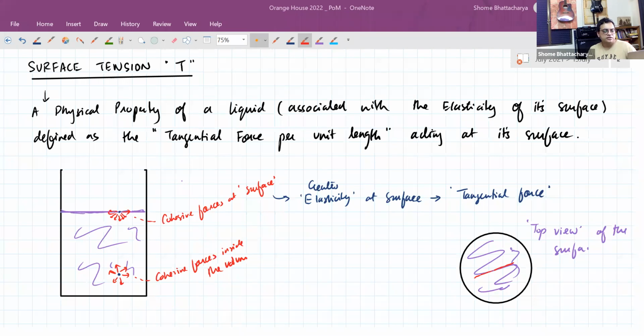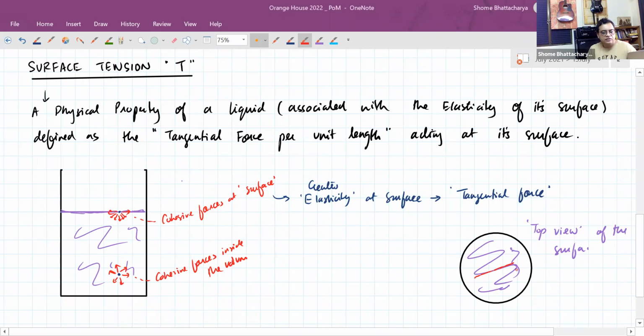And you see that because at the surface, cohesive forces are only acting from one side of its surrounding, not from all sides equally. Okay. So they are acting only in half space. So that creates a sort of a stretching out of the surface as opposed to the molecules inside its volume. And that creates this tangential force per unit length. So now you imagine a line of molecules on the surface.